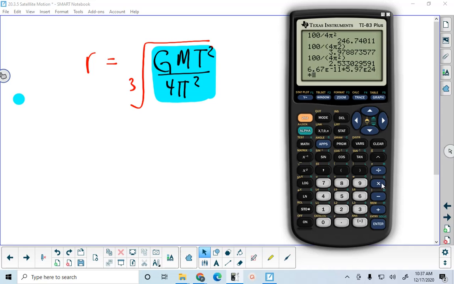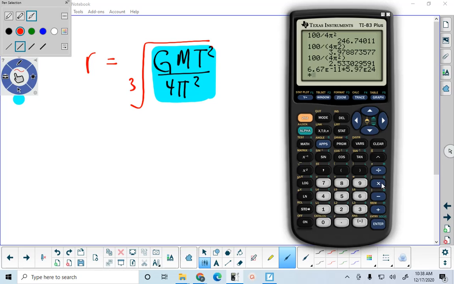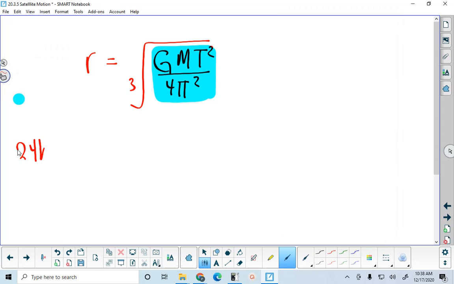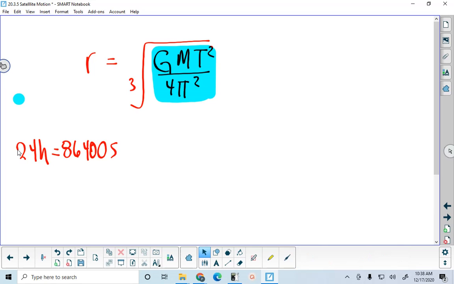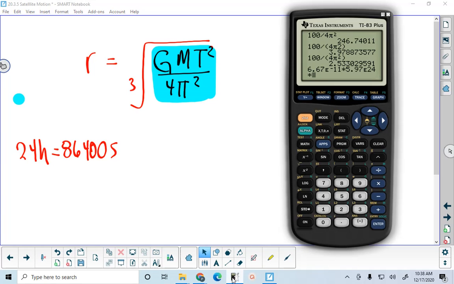If you take 24 times 60, you get 86,400 seconds. 24 hours is 86,400 seconds.